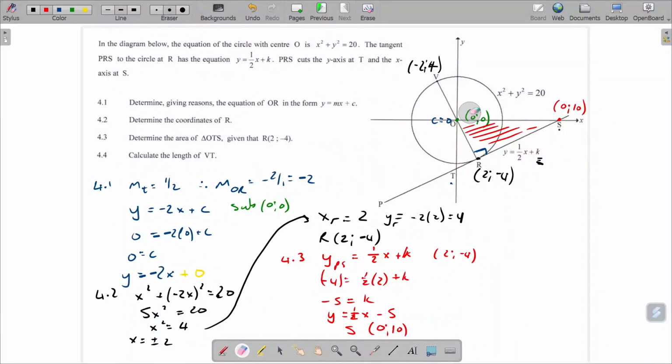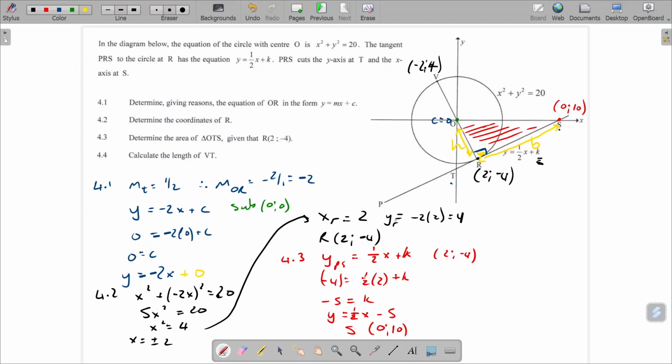So what I can do here is, instead of using this right angle here and saying that side of the triangle could be the height, and that side of the triangle could be the base, and then doing half base times height, and that method will work perfectly fine. So for 4.3, I could do that quite comfortably.